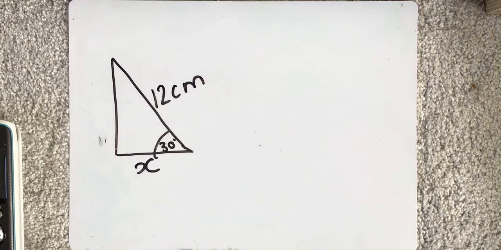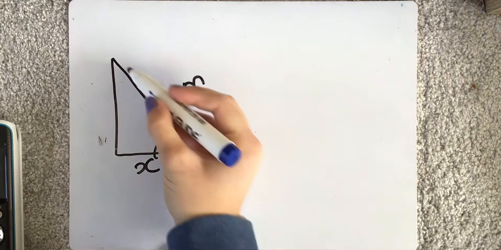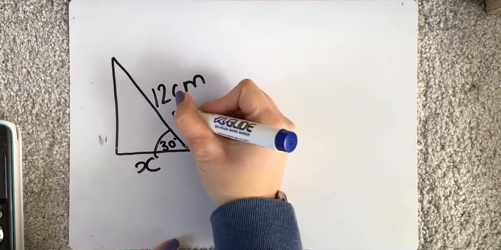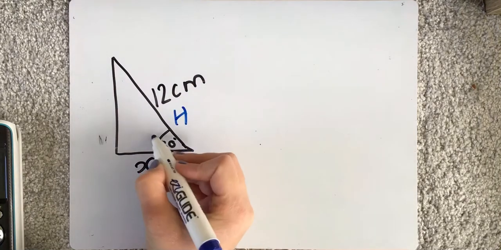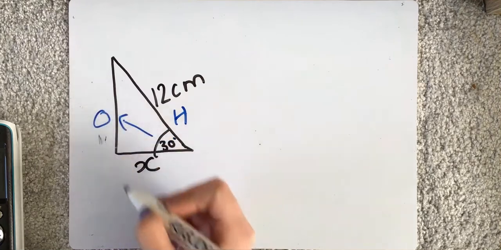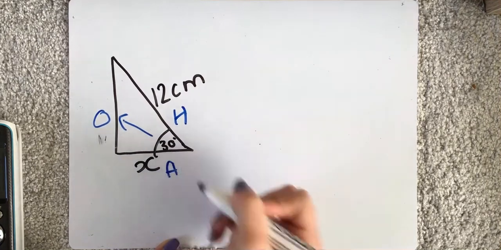Okay, and it will ask you to find the missing length x or the missing length whatever it is. So the first thing I do, I label my sides. I've got my hypotenuse. Okay, this one would be the opposite, and then this one would be the adjacent.